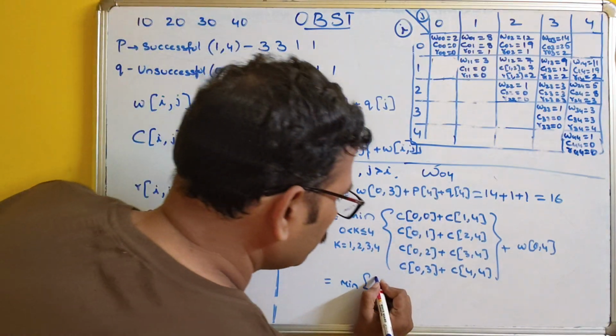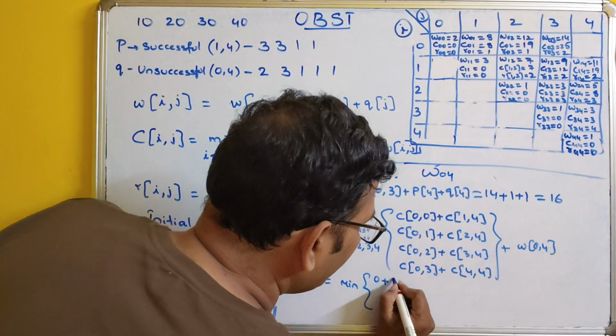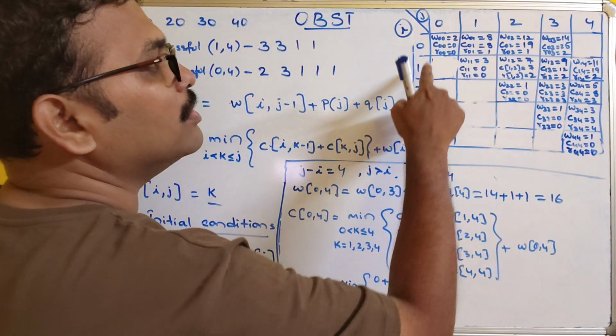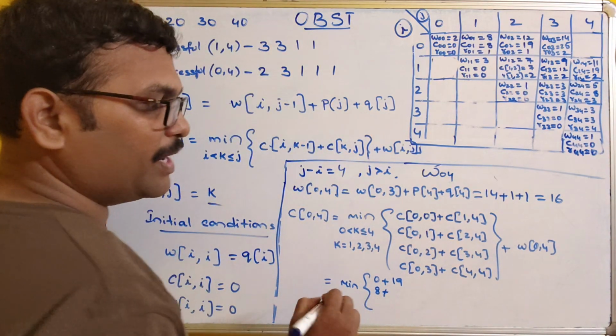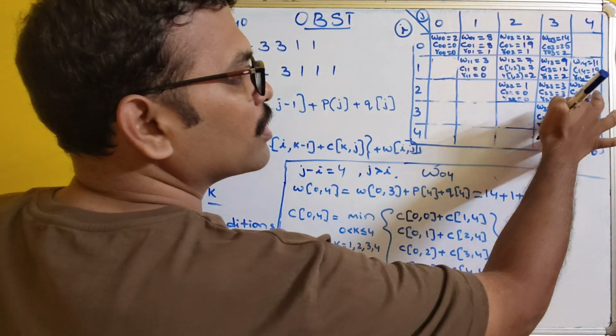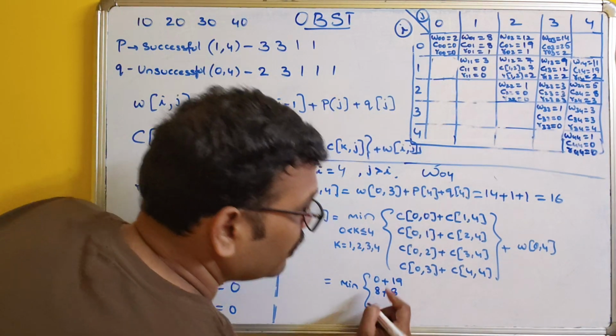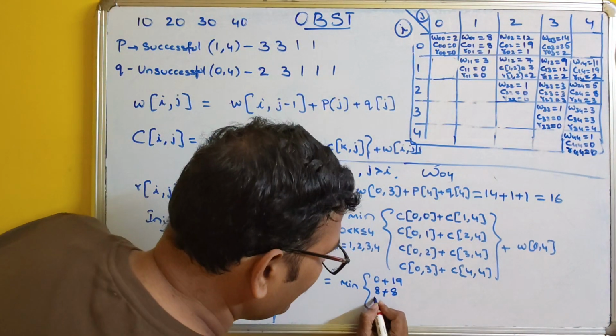So what is the first one? 0 plus C14. C14, it is 19. C01 is 8 plus C24, 24, it's again 8. And C02, 02 is 19.